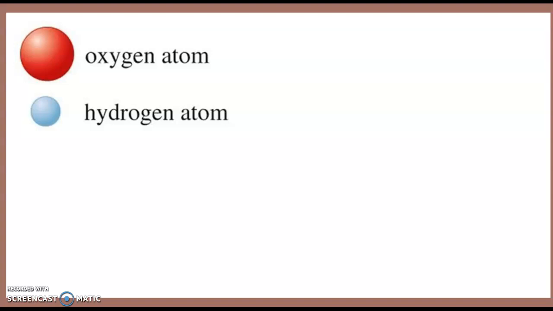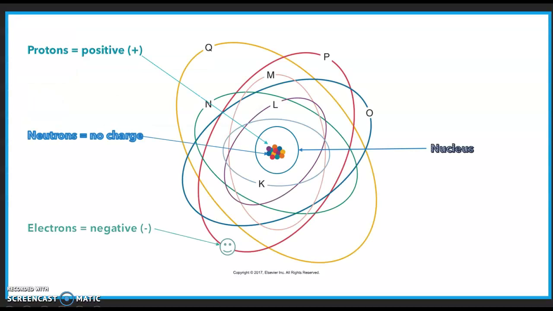If you remember looking back at our atom model, you know that the nucleus consists of both protons and neutrons. Protons are positively charged, neutrons have no charge. Around the nucleus are these shells or rings or orbits, and it looks very similar to our solar system. Each of these shells contain electrons.